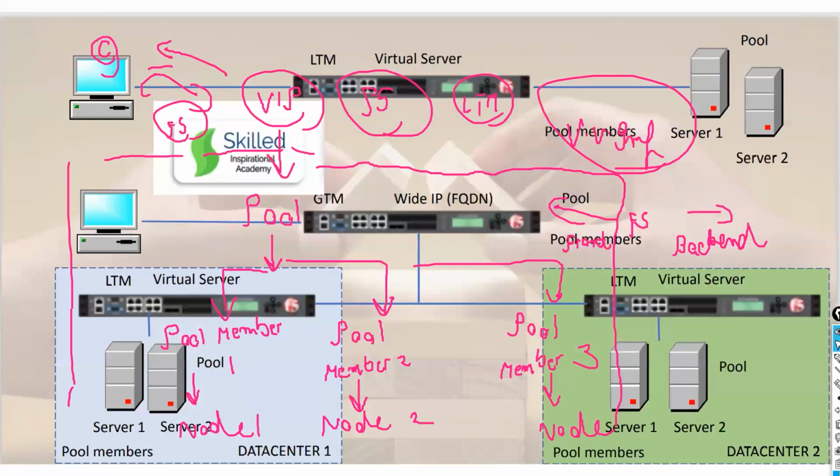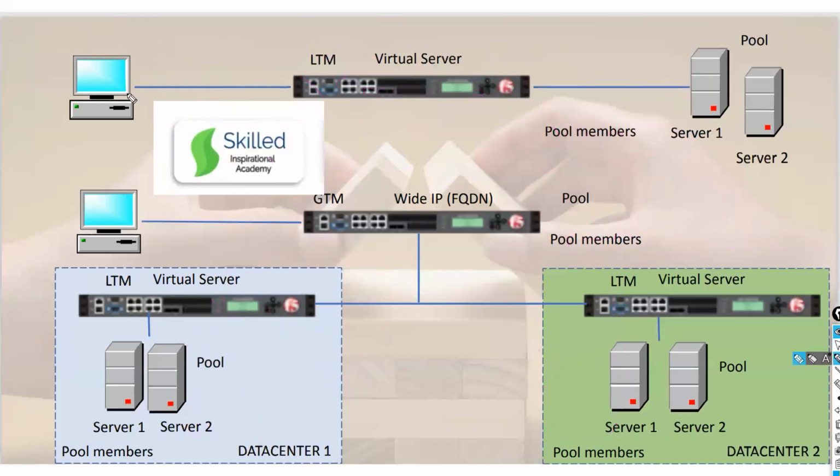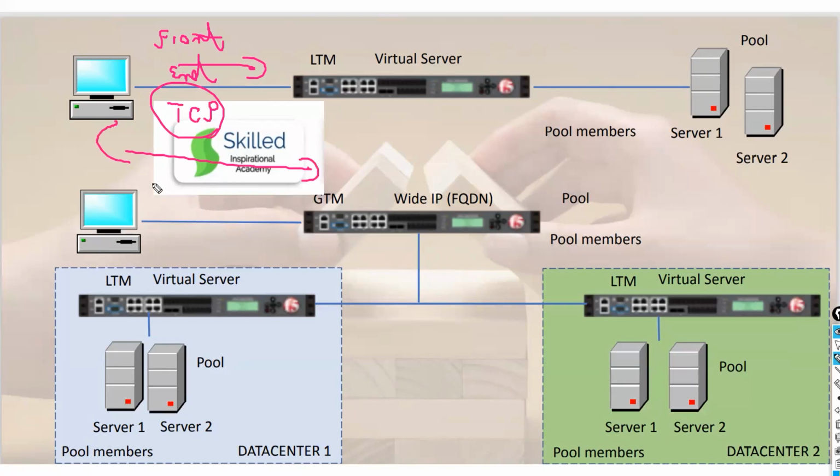If you see this picture representation, that is where I represent it. Initially, this is called front end. So F5 initiates two TCP connections, I will tell you: one between client to F5 and one between F5 to server.